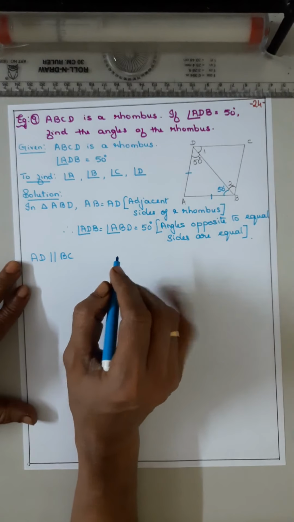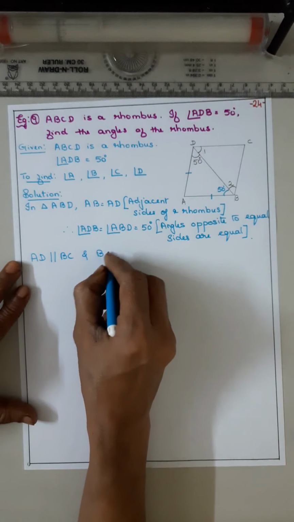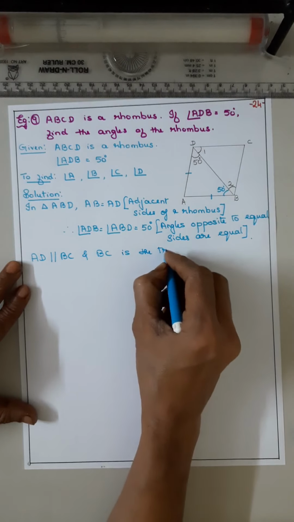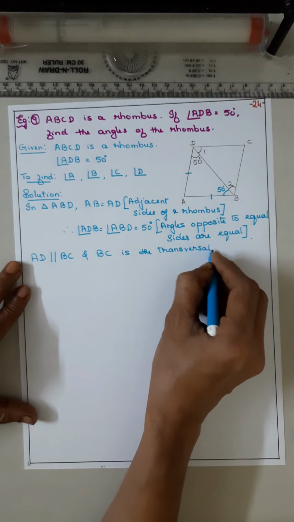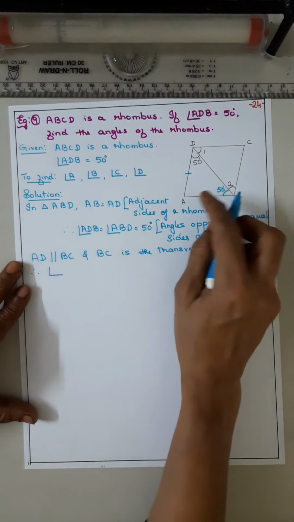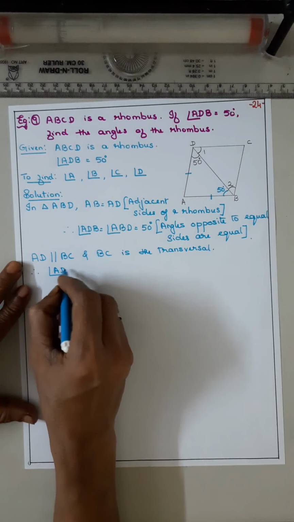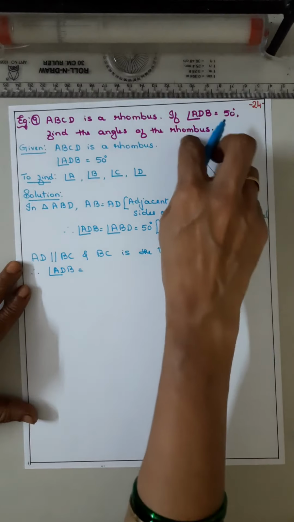Rhombus is a parallelogram, and take BC as the transversal. Therefore, angle ADB is equal to angle CBD.